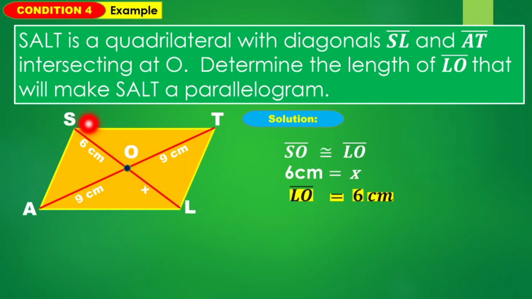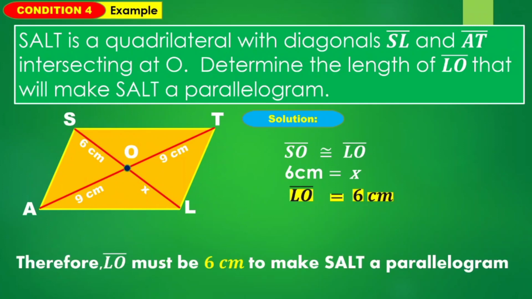Whatever the length of this segment will also be the length of that one. If you are asked how long is segment SL, that would be 12 cm. And AT would be 9 plus 9, a total of 18. So in that way, LO must be 6 cm to make SOLT a parallelogram.